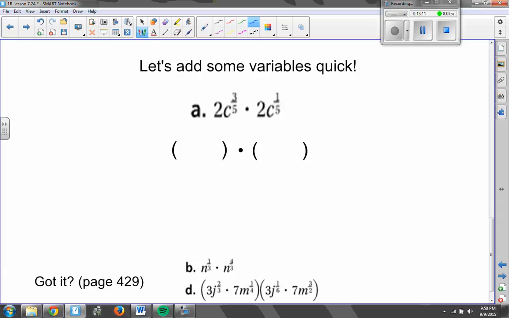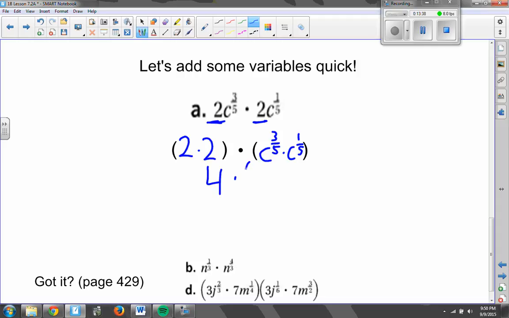Now I know that because I have these numbers, these 2's out front, I can put those together and multiply them first, doing 2 times 2. And then at the end, I can deal with my C's. C to the 3 over 5 times C to the 1 over 5. Okay? I'm going to rewrite it like that. 2 times 2, I hope we know, is 4.